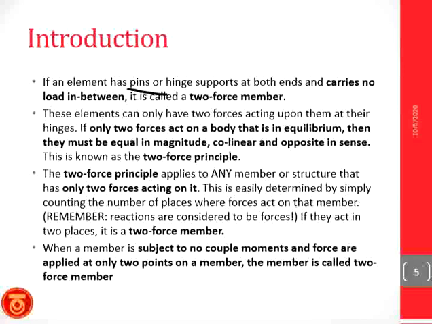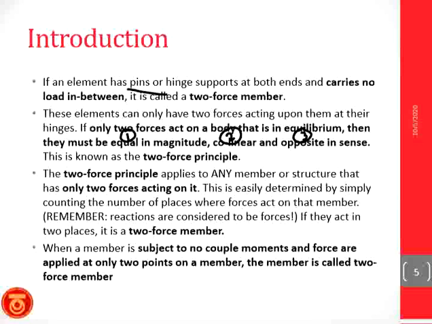If only 2 forces act on a body that is in equilibrium, then they must be equal in magnitude, collinear, and opposite in sense, they are in opposite directions. So this is known as the two force principle.